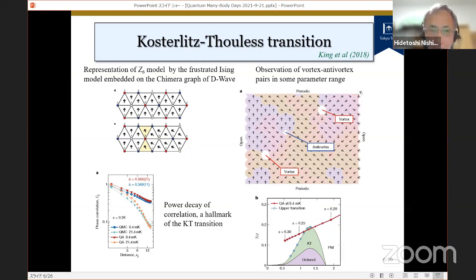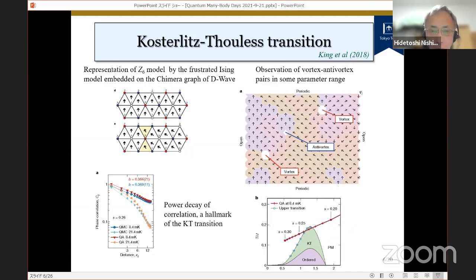So those spins tend to point in the same directions. And in the ground state, the perfect ferromagnetic state in which all spins point to the same direction is realized.